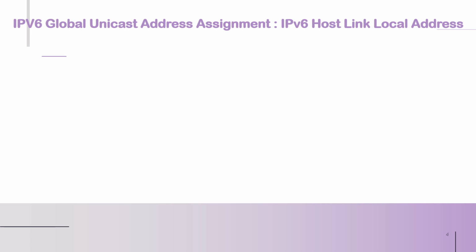An IPv6 router that is on the same link as the host sends out router advertisement messages that suggest to the host how to obtain its IPv6 addressing information. The IPv6 link local address is automatically created by the host when it boots and the Ethernet interface is active.